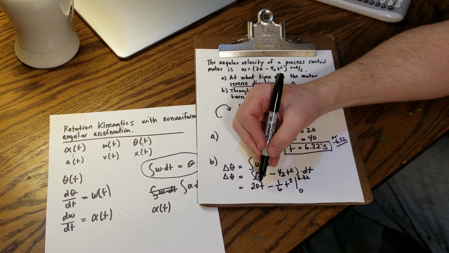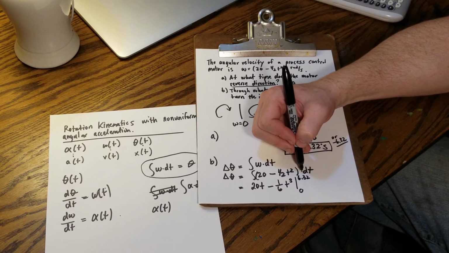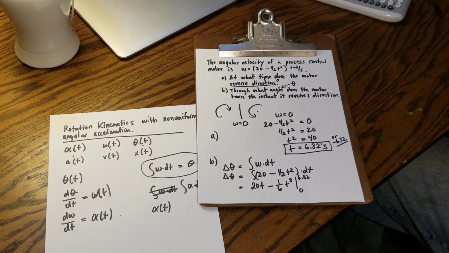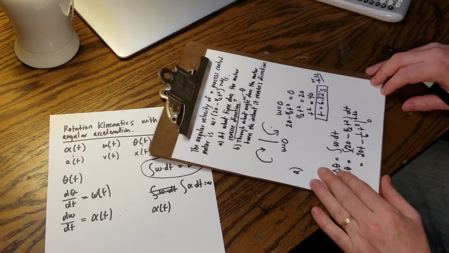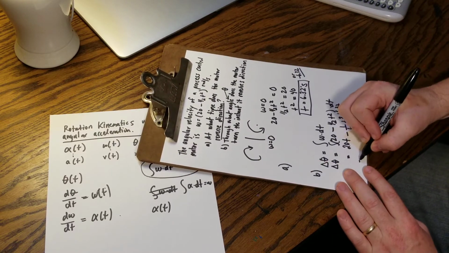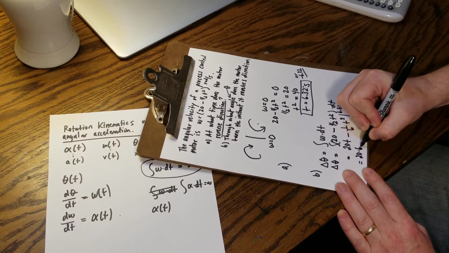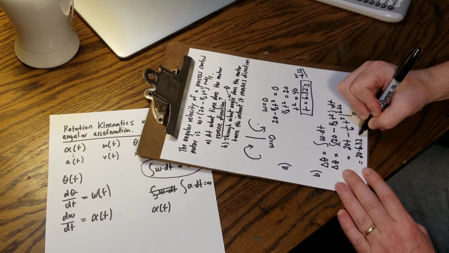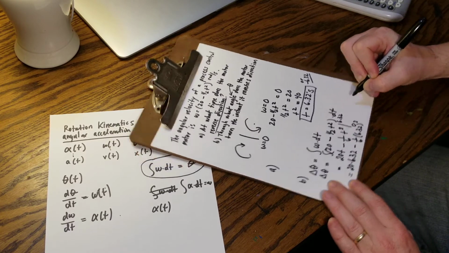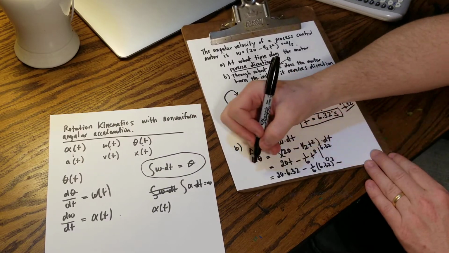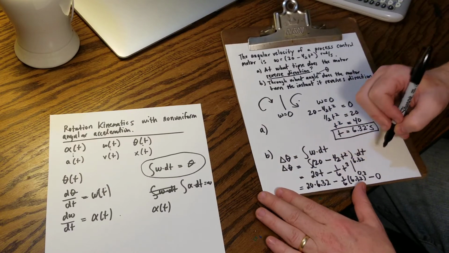Now in calculus you would put constants in this, but if you evaluate at the two ends of the integral, those constants will go away. So we plug in the numbers. At 0, it's going to be 0, so we evaluate at 6.32: 20 times 6.32 minus 1/6 of 6.32 cubed, minus what it is at 0, which is just 0. So this is our final, and that's our initial.